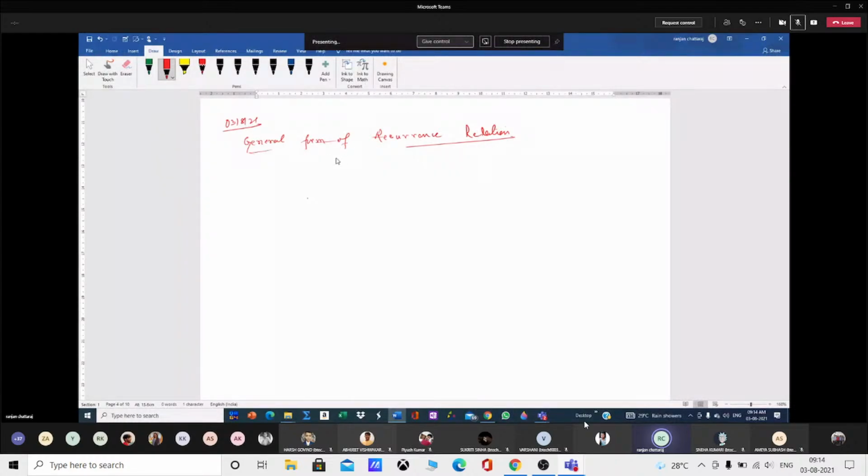So it is written as C naught a_r plus C1 a_(r-1). That's it.